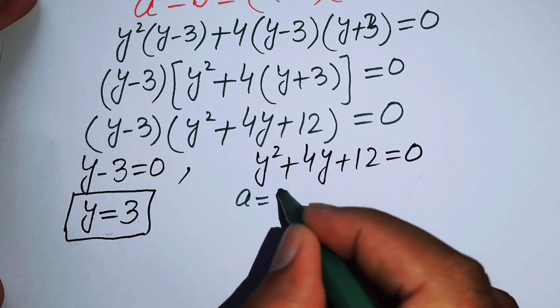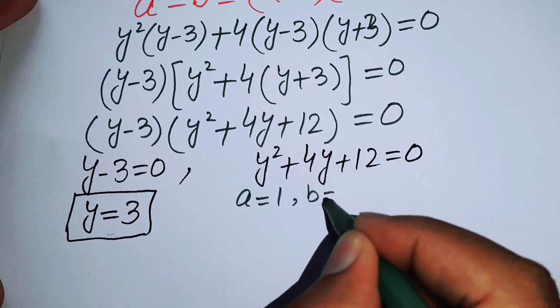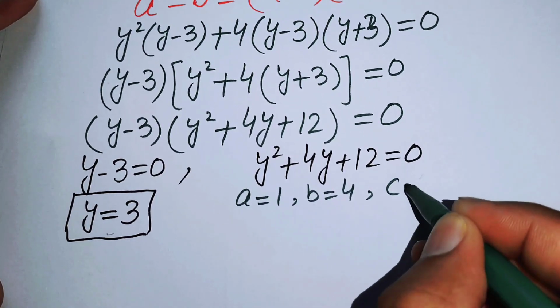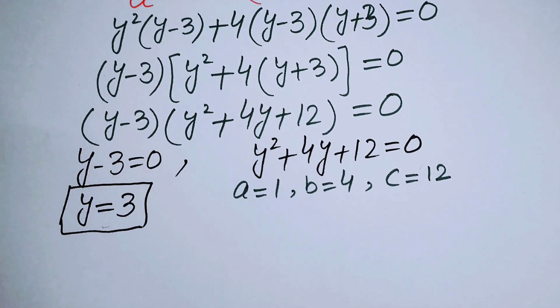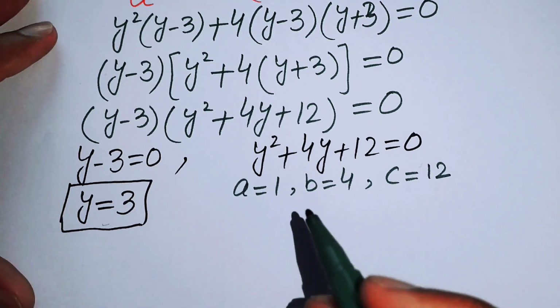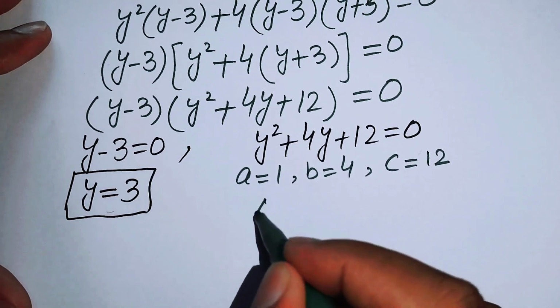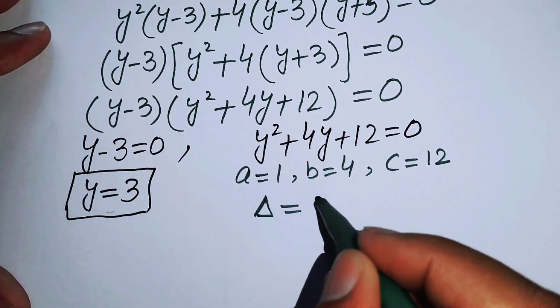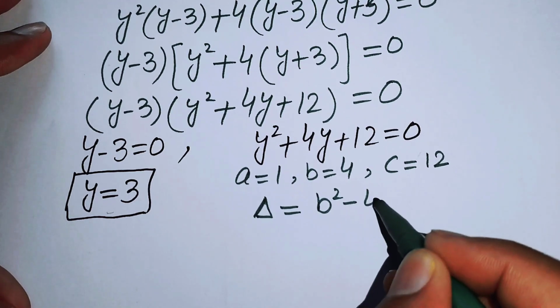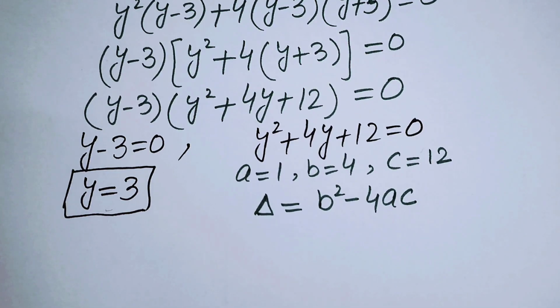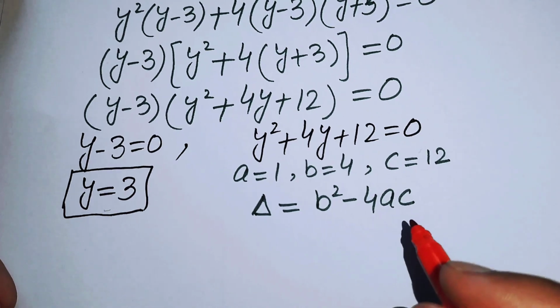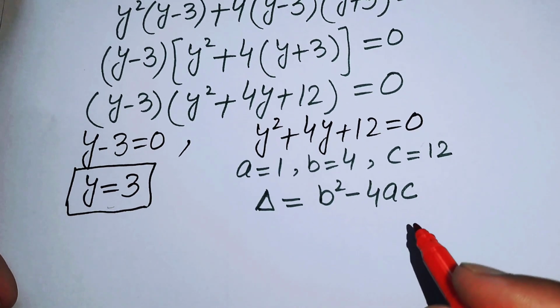So here we have a is equal to 1, b is equal to 4, and c is equal to 12. And we can use the discriminant formula, which I can denote by delta, and it is equal to b squared minus 4ac. And you know about this delta, if the value of this delta is less than 0, then we can say that it has no real root.